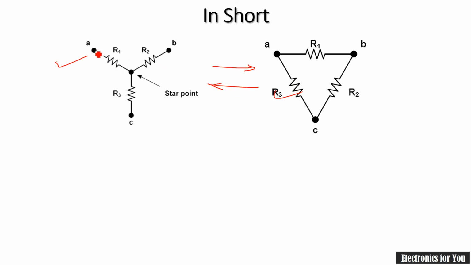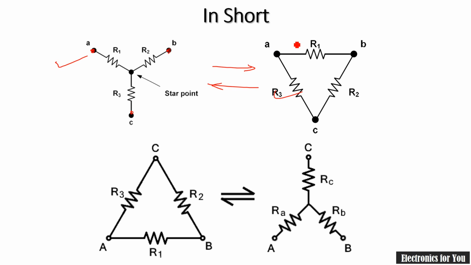Also in this figure it is just shown like this A B C, but if the figure is like this, then we can convert a star network into delta like this, or a delta network into star just like this.